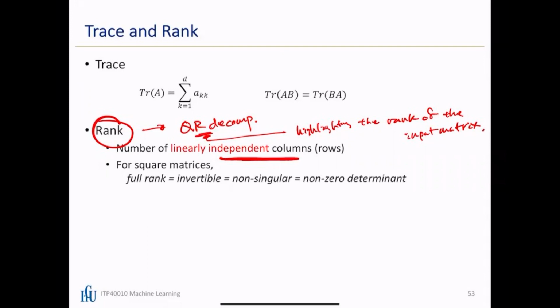From here we can come up with a special notion. For a square matrix, n by n, where the number of columns and rows are the same, we can say a square matrix is full rank. That means the matrix is invertible, and the matrix is also non-singular, and also that means it has a determinant that is not zero.